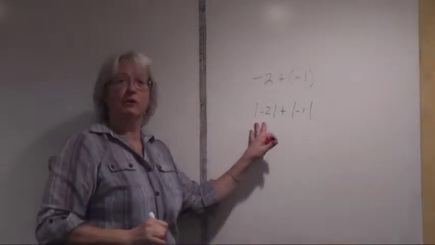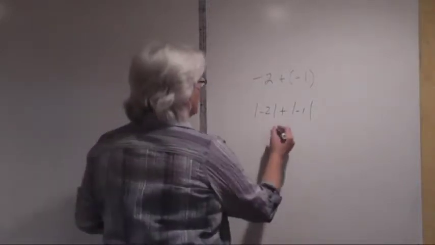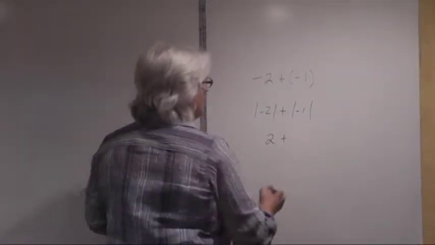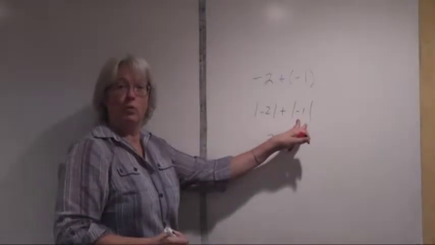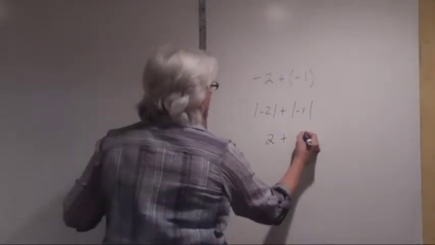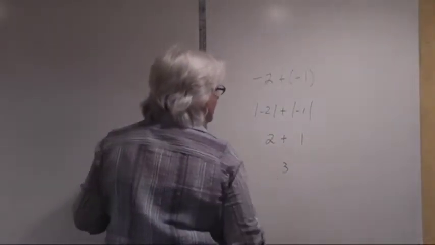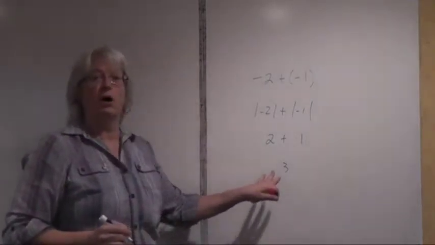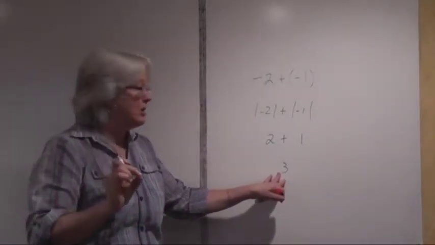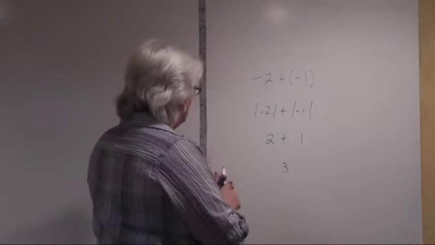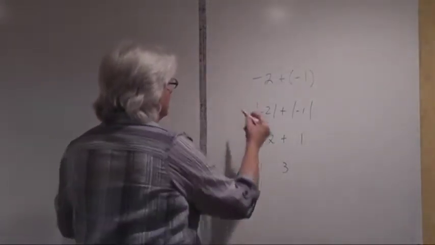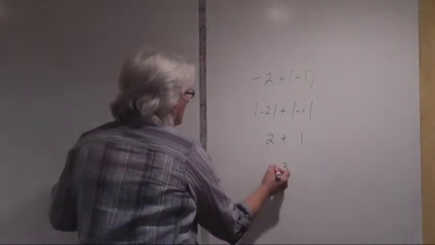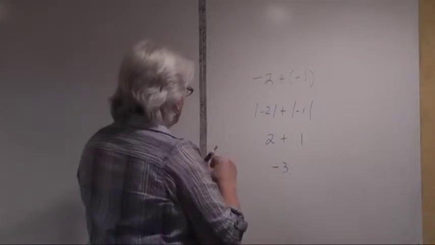What's the absolute value of -2? It's 2. What's the absolute value of -1? It's 1. We add together their absolute values. Are we finished? No. Then we use the original sign of those numbers.